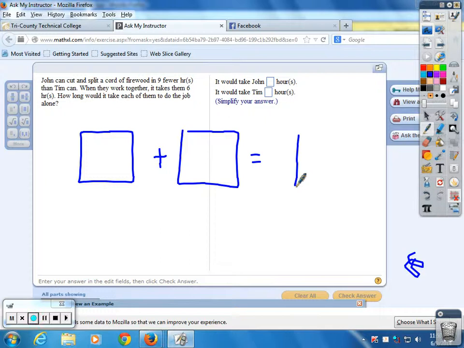Now, it takes 6 hours to do the job. So 6 is going to be in the numerator.